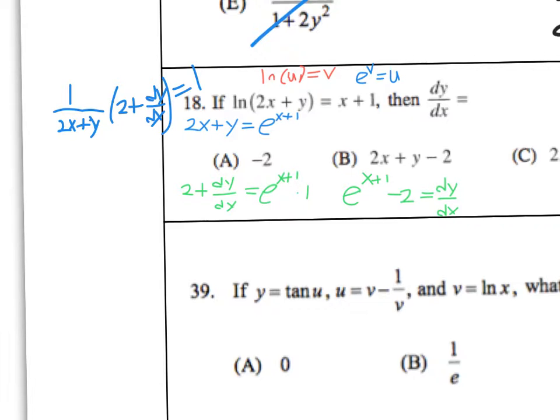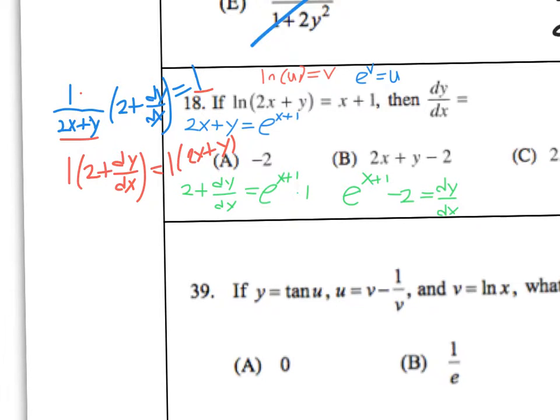I'm going to multiply the 2x plus y to the other side, and I get 1, that's this one, times 2 plus dy/dx is equal to 1, that's this one, times 2x plus y.